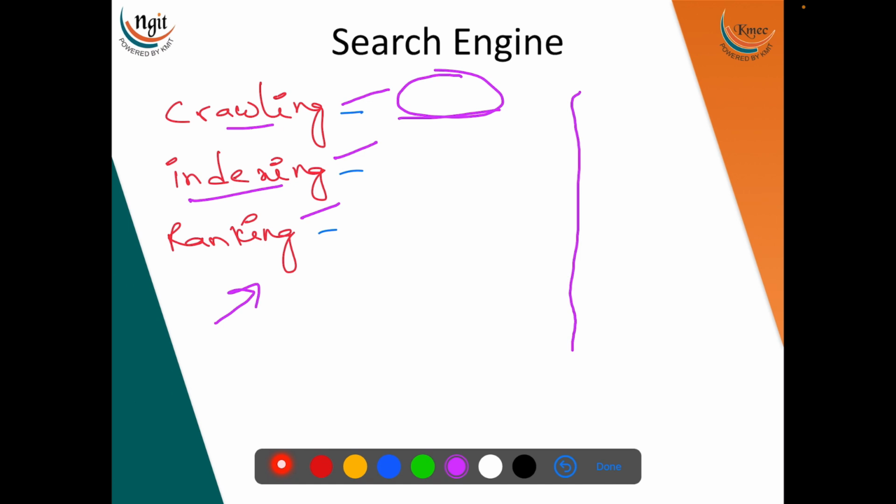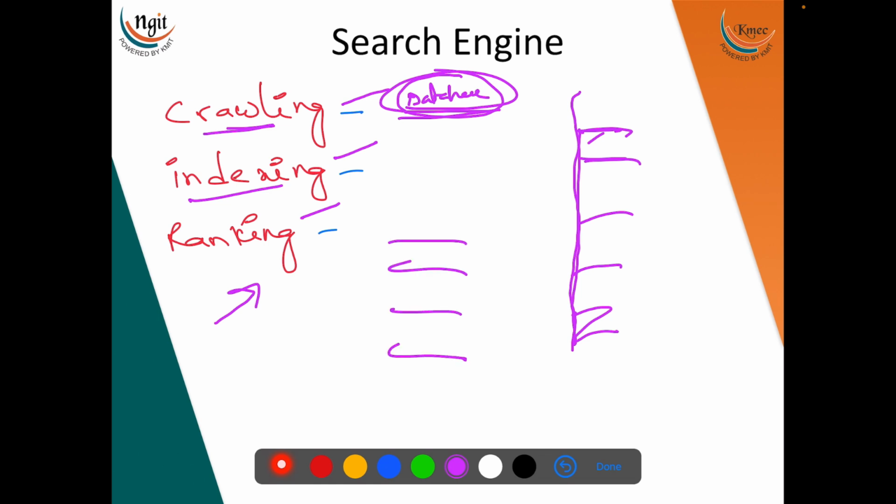Now all of it cannot come in a single line. Take the same example, database. The database keyword will be available with many websites, correct? Crawling will maintain the database of these websites. Whichever website has the database keyword, all those web pages will become available on the screen.